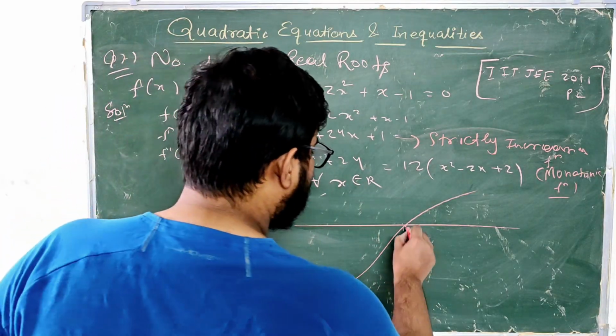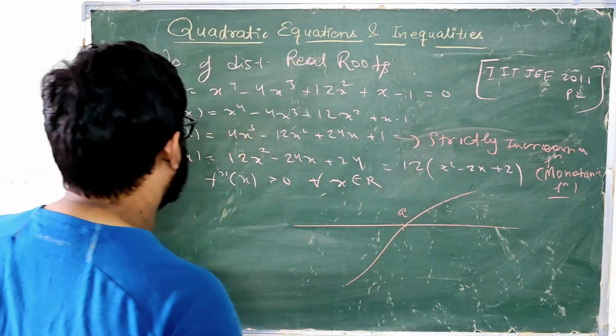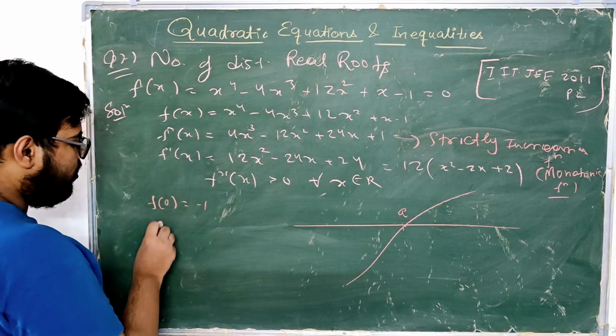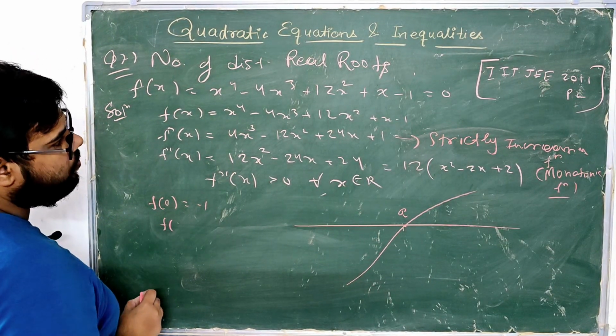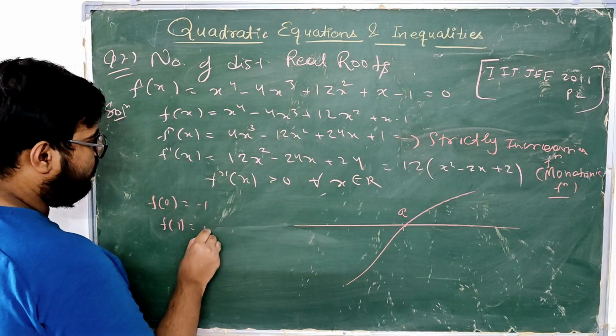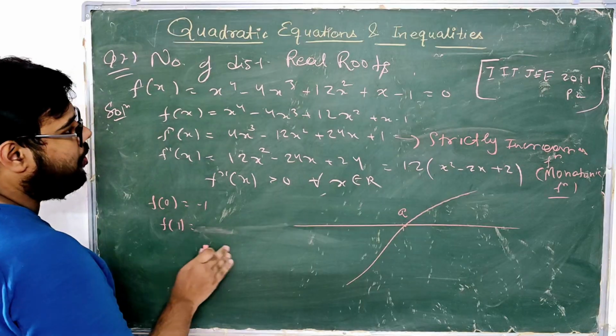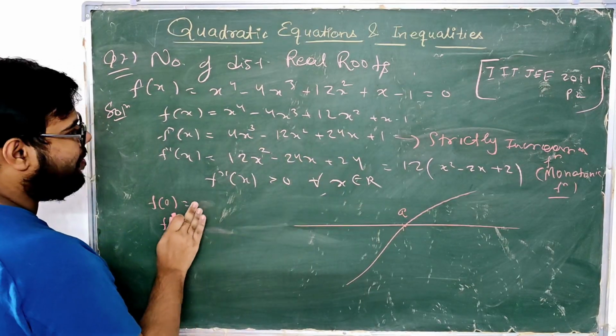Okay, what is that point? Suppose that point is a. So what is f at 0? f at 0 is negative 1. f at 1, sorry, it is positive.